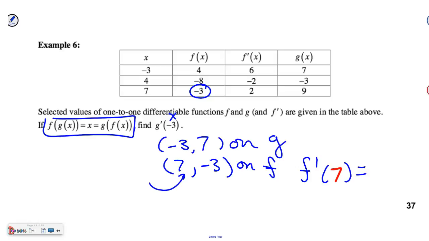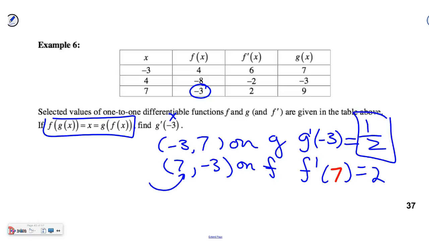I don't even really have to do much work, but I just got to suck all this information out. Well, I want to know the inverse's derivative at its corresponding point. What's it going to be? You're going to put it in a box and be done. Because inverse functions at corresponding points have reciprocal derivatives.